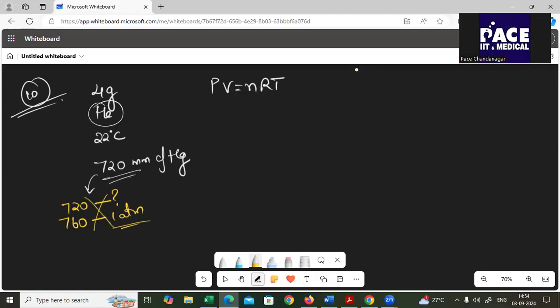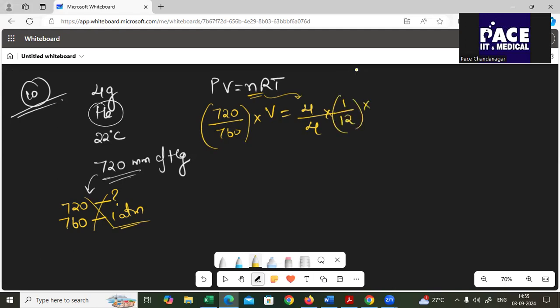So as you cross multiply, pressure is 720 by 760 times V, volume, and that is what is being asked of us, is equal to n, the number of moles. The number of moles is given mass by molar mass. Given mass is 4 by molar mass. For helium, molar mass is 4, times R, 0.0821, or I can simply take it as 1 by 12 also.